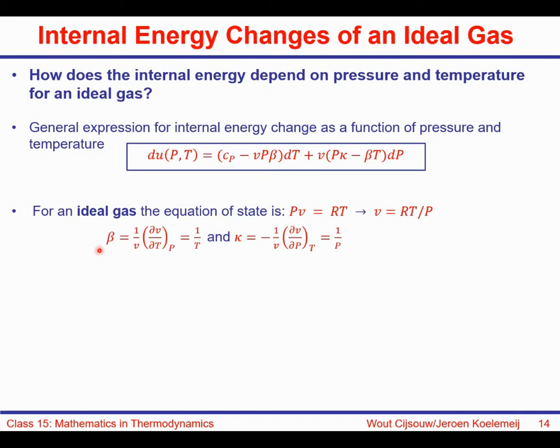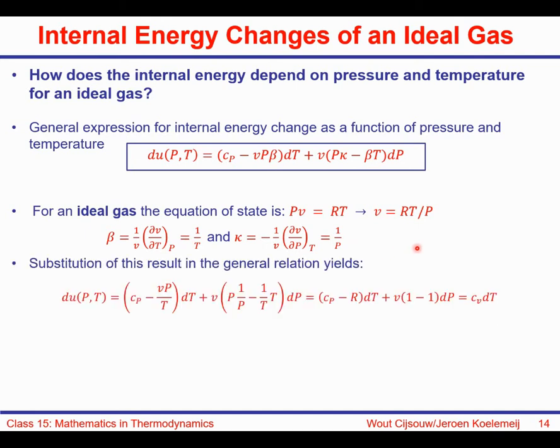And we can express the thermal expansion coefficient and the compressibility coefficient also as 1 over T and as 1 over P in this case. And if we insert all this into the general relation, then it turns out that this dU is simply CV dT.